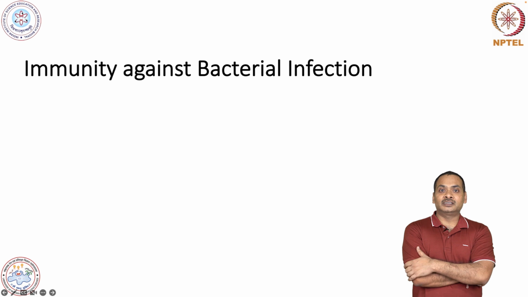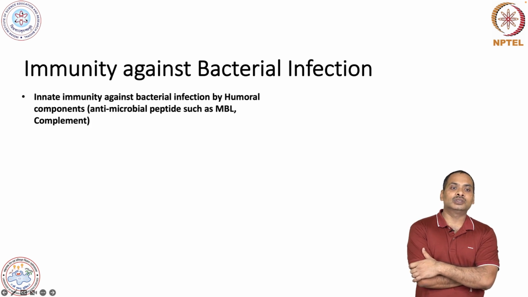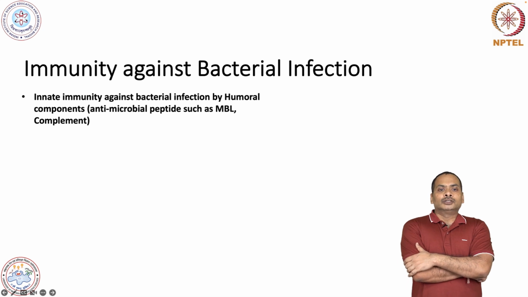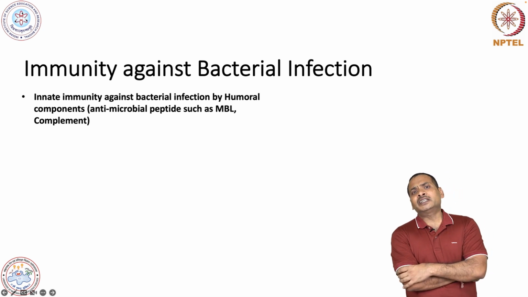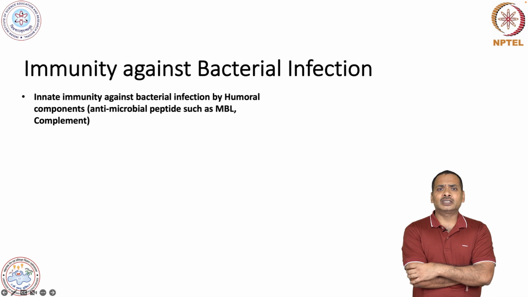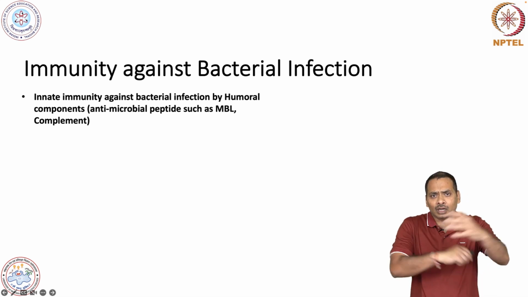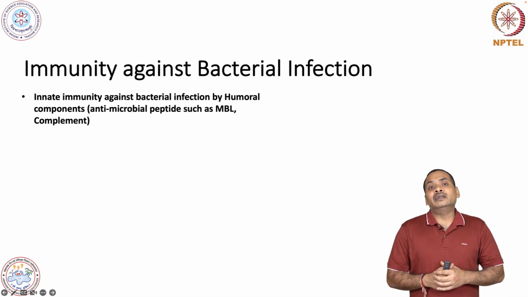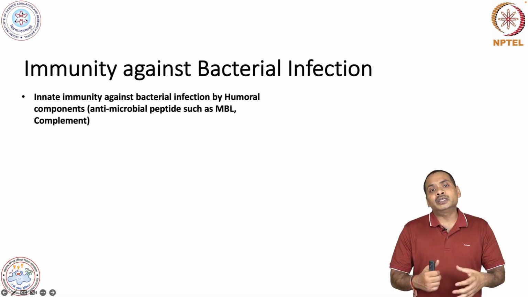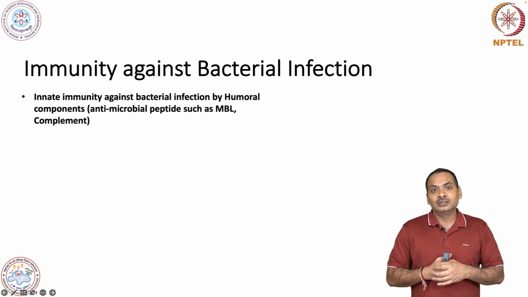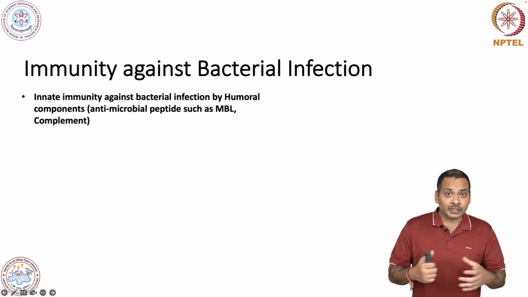And in this series, first we will discuss the innate immunity. Okay. So innate immunity against the bacterial infection has basically two major components, as you have learnt earlier. First is the humoral component, the soluble component, and you have learned there are so many antimicrobial peptides or proteins.